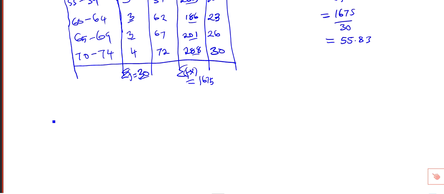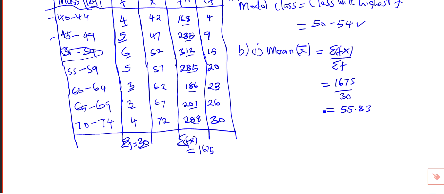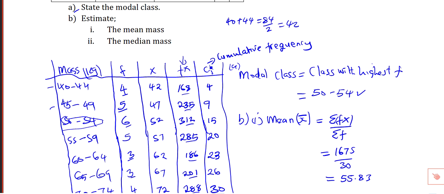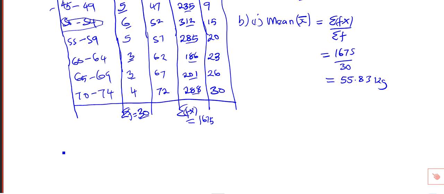Now the next part is to calculate the median mass. The question was asking to estimate the mean mass, and the mass was given in kilograms. So the mean mass is 55.83 kilograms.